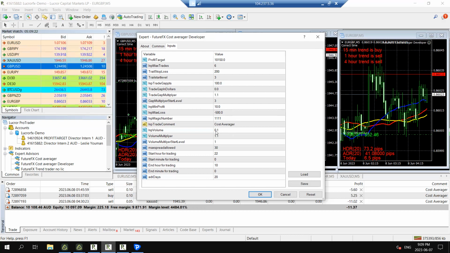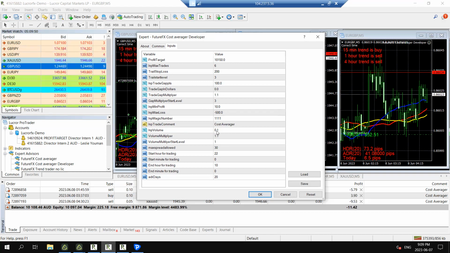Now, that $10 is based off me using a lot size of 0.1. The ratio between these is fairly important. You don't want to change it too much. So if you were using a much smaller lot size, say you were using the minimum lot size of 0.01, so you're dividing this by 10, then you basically need to divide this one by 10 as well.